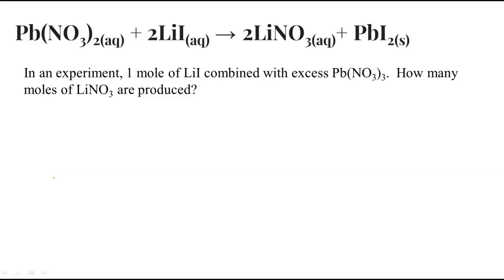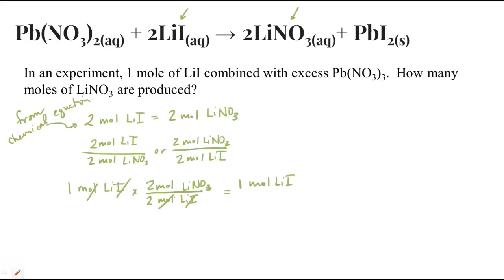So go ahead and stop the video, try this one, and then press start again when you're ready to see the answer. Check whether or not this is the answer that you've gotten. Remember, you're always creating these conversion factors from the chemical equation itself, not from the actual question that I'm asking.